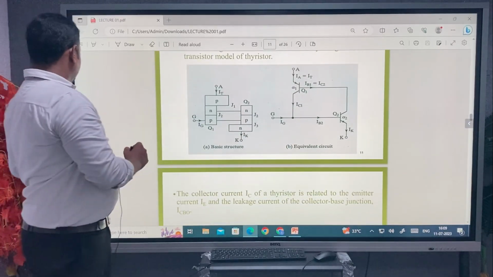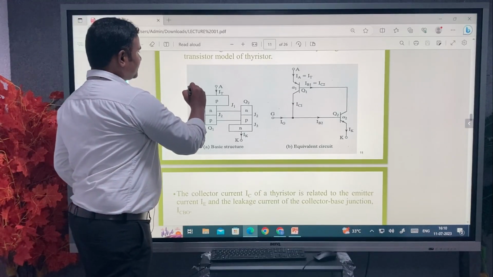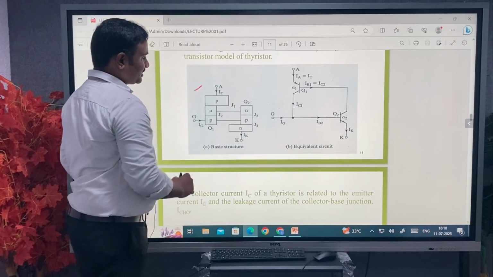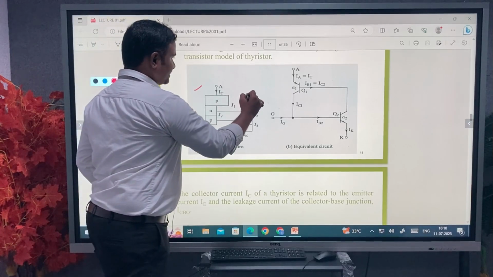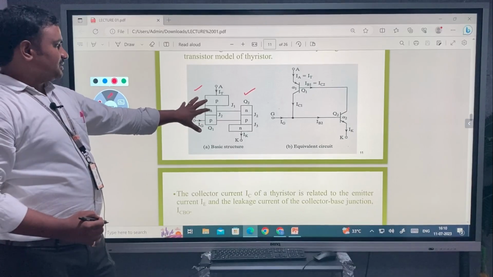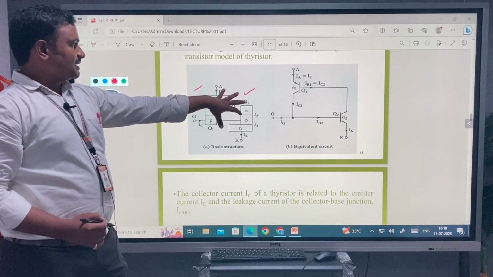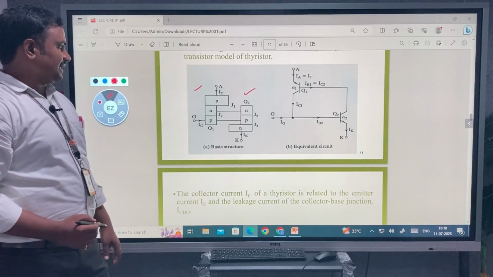So one PNP transistor and one NPN transistor coupled together. This is the PNP transistor Q1, and this is the Q2 transistor, both connected together to make the transistor operation. This is a two transistor analogy of the thyristors.